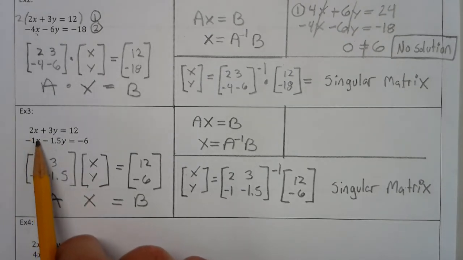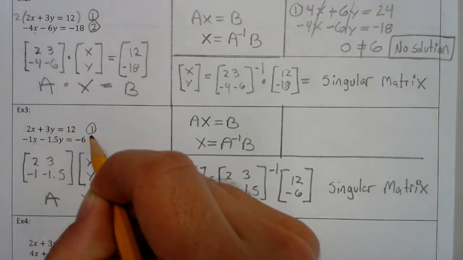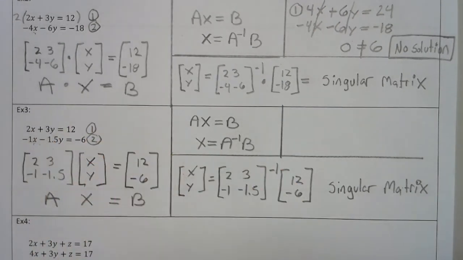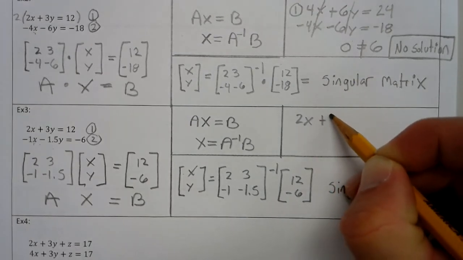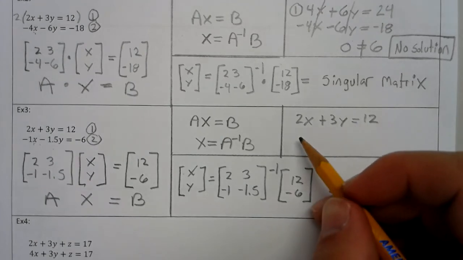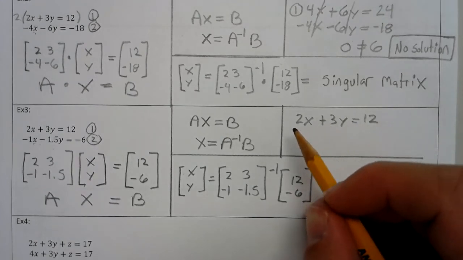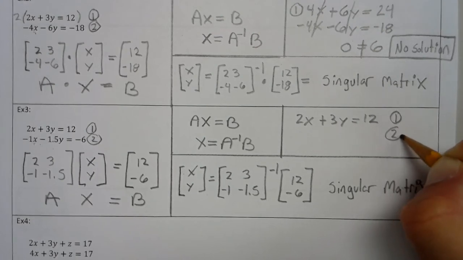If I multiply 2 times negative 1, I get negative 2, the x's will cancel. Okay, so we're not going to do anything to equation 1. We're going to multiply equation 2 by 2. So that's 2x plus 3y equals 12. Multiply everything in equation 2 by negative 2, so that's equation 1, equation 2.